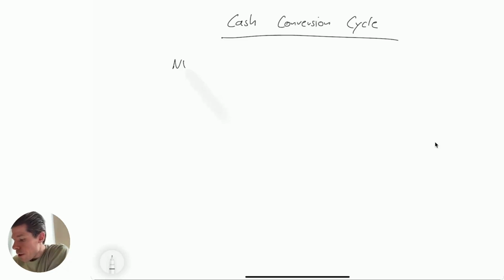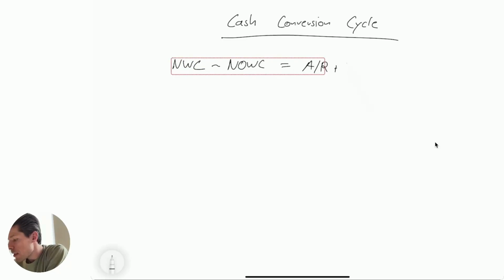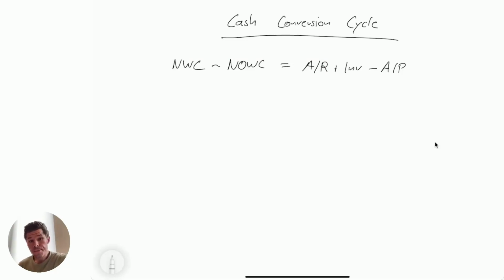As you may recall, net working capital, or more specifically net operating working capital, equals accounts receivables plus inventory minus accounts payable. While net working capital looks at the amount, whether we have $50,000, $300,000 in accounts receivables, inventory, accounts payables, when we look at the cash conversion cycle, we are more concerned about the days.